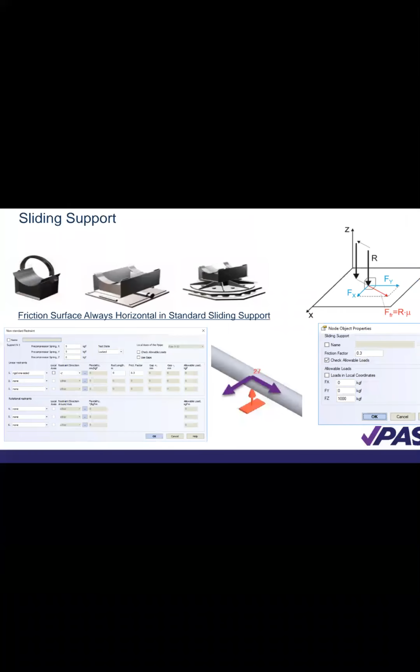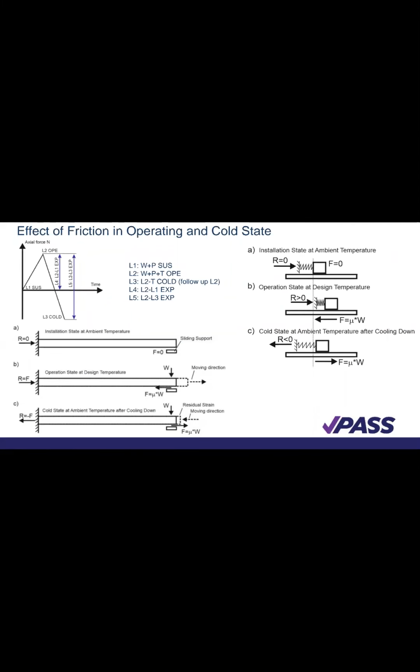Here we are looking at friction in the operating state and the cold state. When we talk about the operating state, it talks about when this pipe has been modeled and is in operation. That is to say, the fluid, the liquid, the gas, or whatever you're trying to pass through this pipe, which could be crude, during its operation state, is already passing.